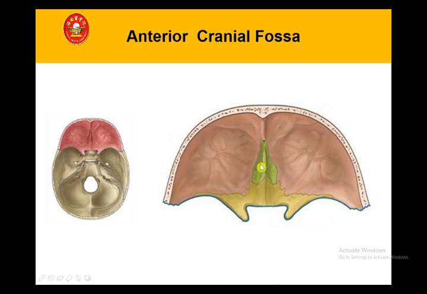On both sides of the crista galli are small foramina, which we call the cribriform plate foramina. Here the frontal bone is making the roof of the orbit. Here we go to the body of the sphenoid, the lesser wing of the sphenoid, and this part has the anterior clinoid processes of the sphenoid bone.